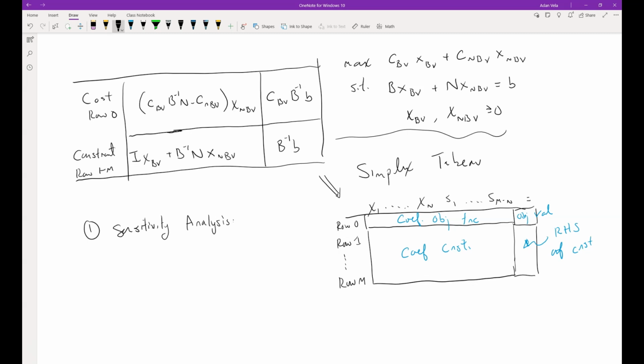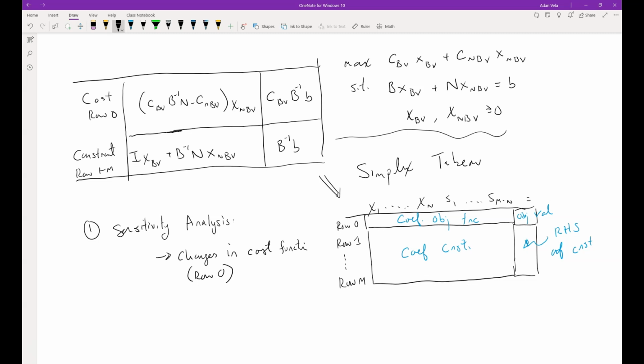We're going to look for changes in the cost function, or specifically the changes in row 0. Again, we're going to look for cases when changes to the parameters introduce changes to row 0 so that we have negative values.